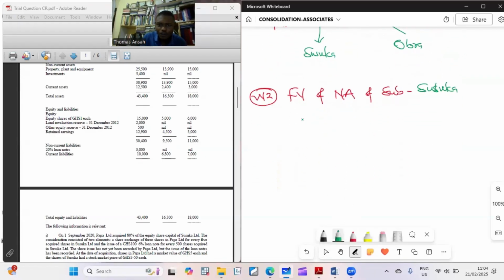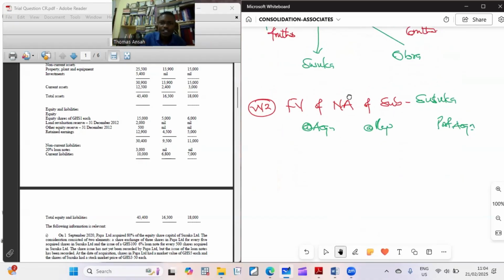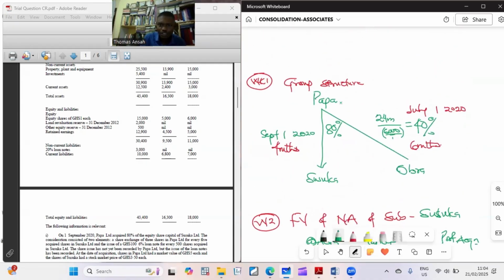What is the fair value of the asset at acquisition, at reporting, and post-acquisition? Please, I've told you that since the figures are in 3 zeros, all the time make sure to say all workings are in 3 zeros.